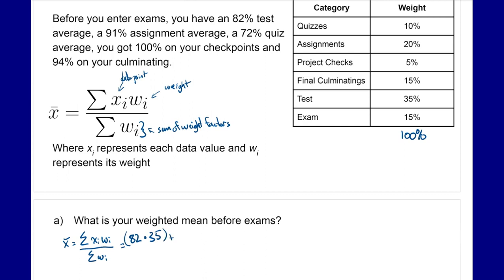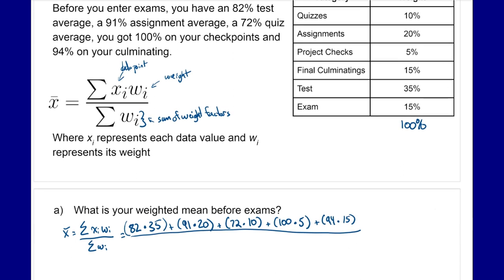Your next thing is 91 on your assignments, so 91 for the mark multiplied by 20 for the weight, plus your quiz marks: 72 for your quiz times 10 for the weight, plus 100 for your checkpoints multiplied by 5 for the weight, plus 94 on your culminatings multiplied by 15 for the weight, divided by the sum of weights.